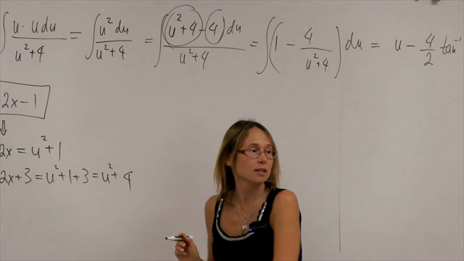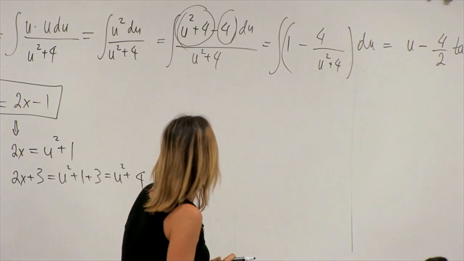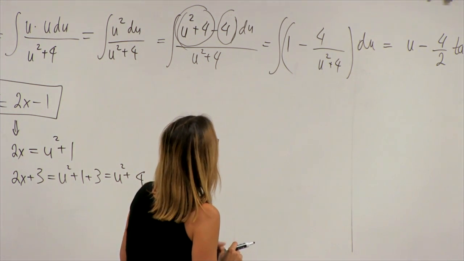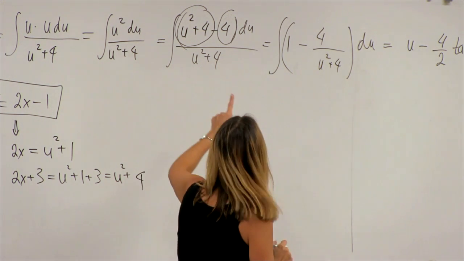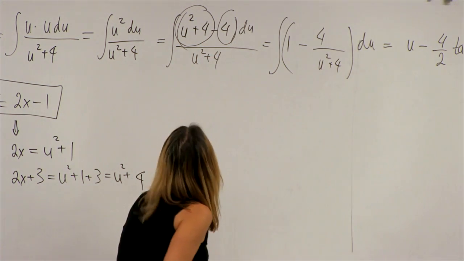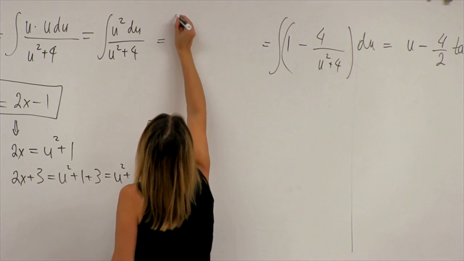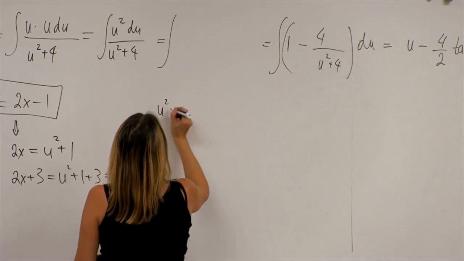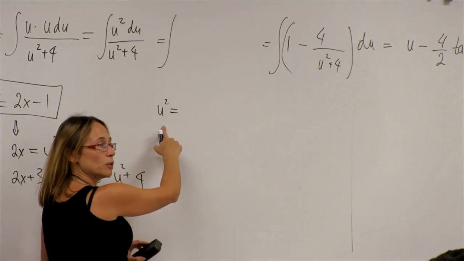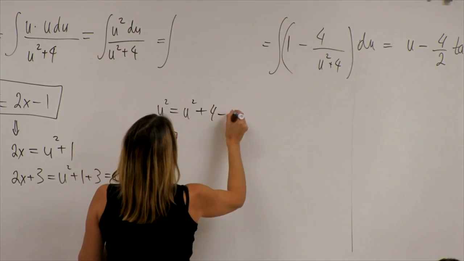More questions? Question? How did you get to u squared plus 4 minus 4? Which one? The circled part. Oh, so if I start from here, in the numerator I have u squared. So u squared is u squared plus 4 minus 4.